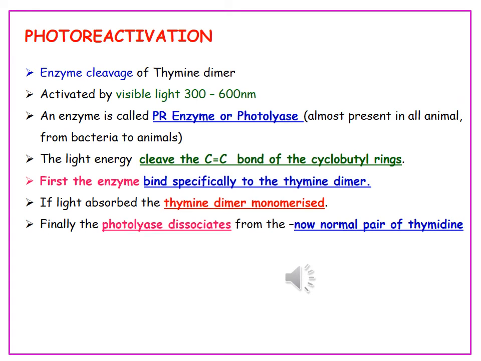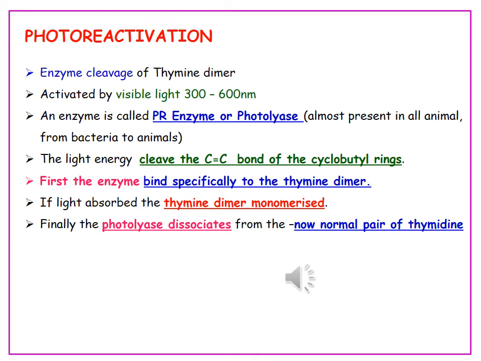The first one is photoreactivation. Photoreactivation is an enzymatic cleavage of thymine dimer. It is activated by visible light, approximately 300 to 600 nanometers. The enzyme is called PR enzyme or photolyase. These enzymes are present in almost all organisms, from bacteria to animals.